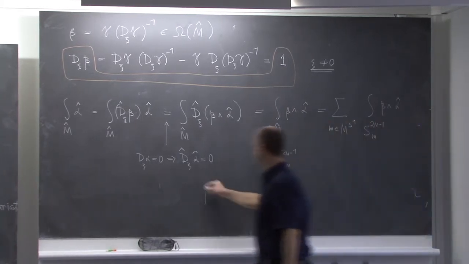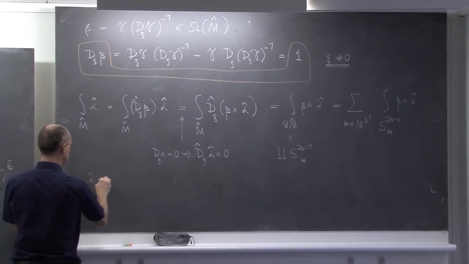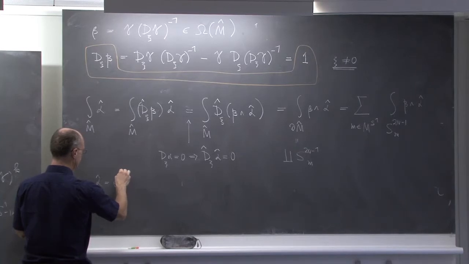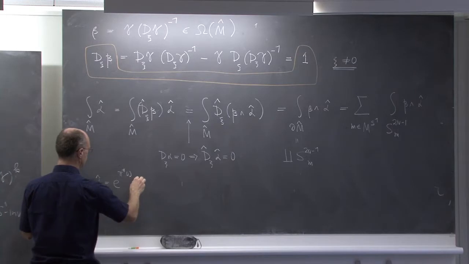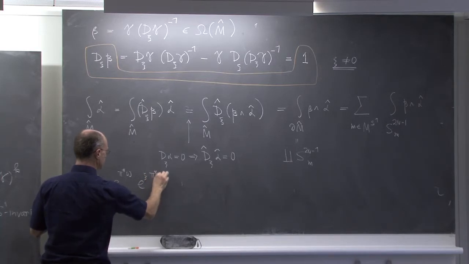Now let me recall that alpha hat, that's the exponential of pullback of omega times exponential psi pullback of mu.